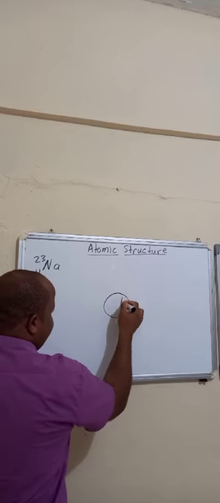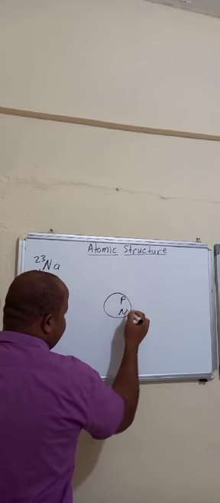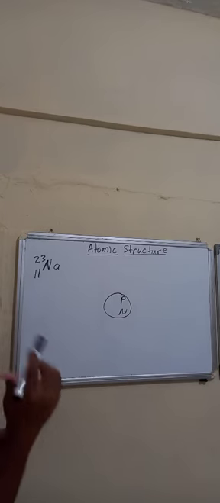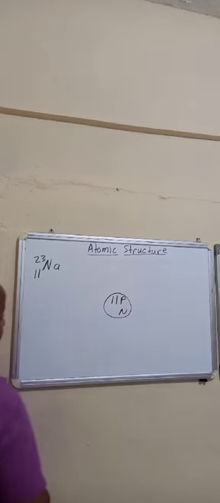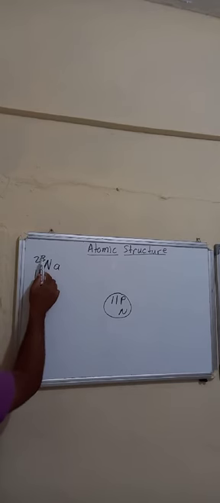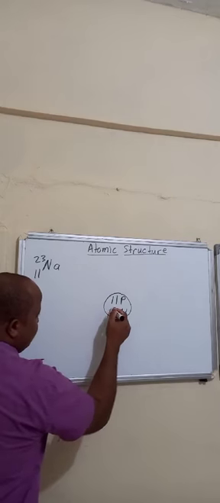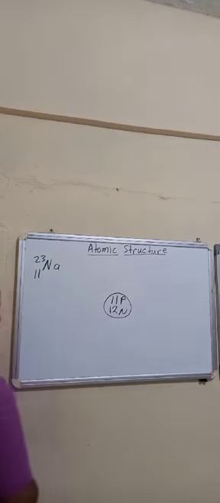It will have the number of protons and the number of neutrons. Now, I told you earlier that the atomic number and the number of protons are the same, which is 11. To get the number of neutrons, you just subtract the atomic number from the mass number. That means sodium has 12 neutrons.